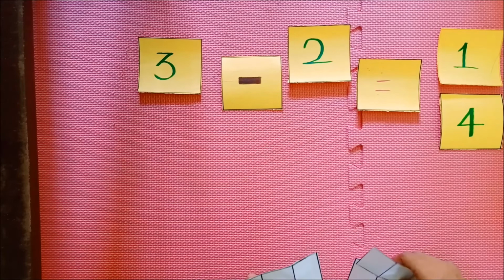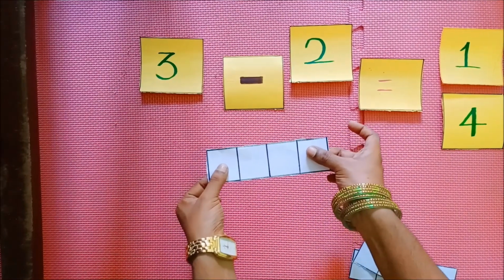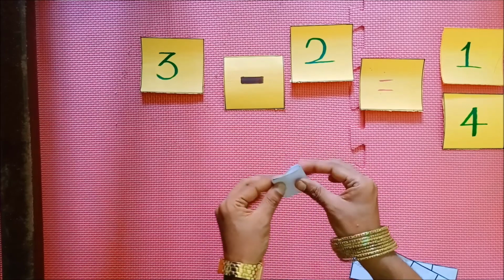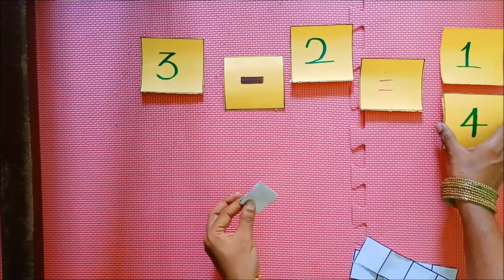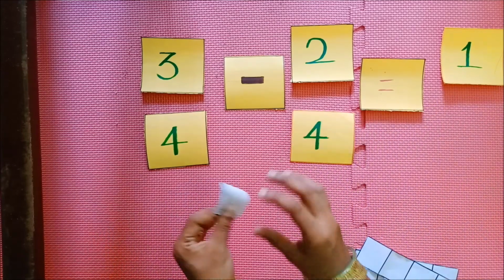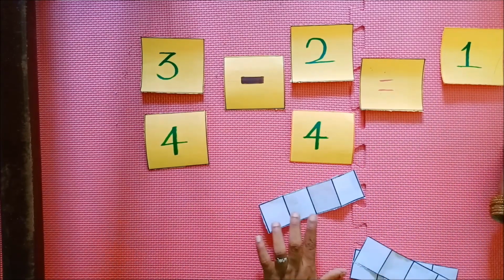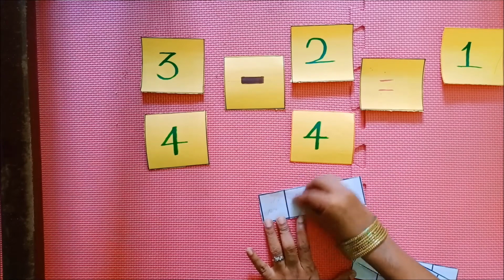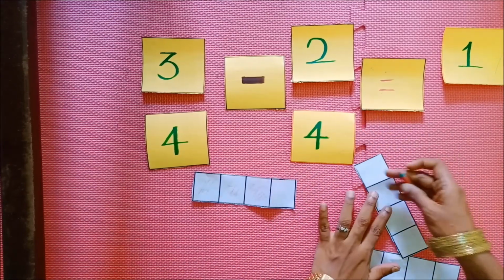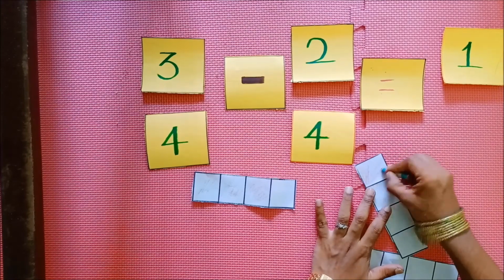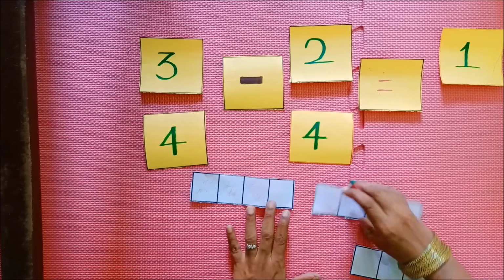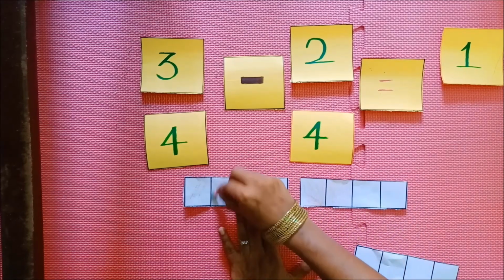Now let us use a paper folding method. This is a paper, and we fold it into 4 portions because our question is 3 by 4 minus 2 by 4. From this we shade 3 portions, and from the other we shade 2 portions.